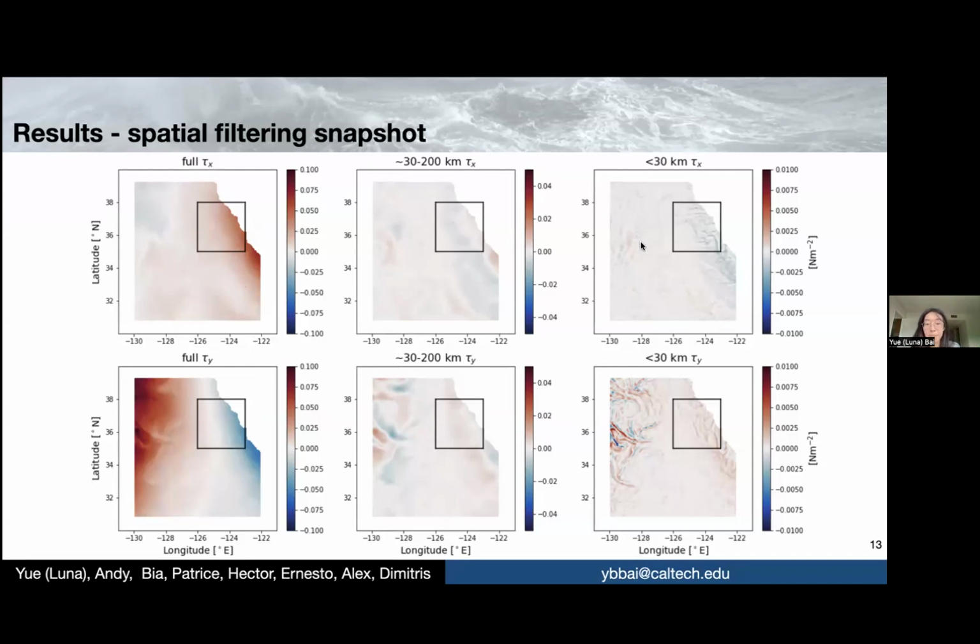I guess this is not very surprising because tau x and tau y, these atmospheric fields, are very large scale, but this will come up later in our calculations.